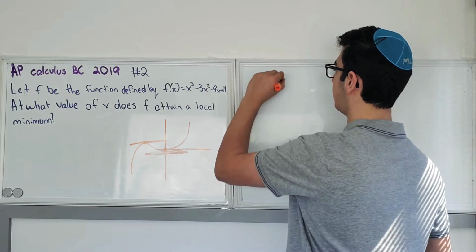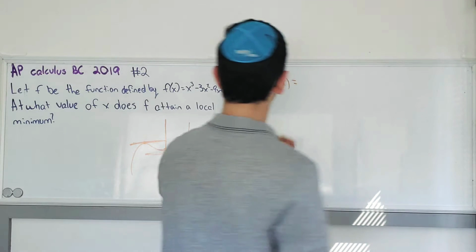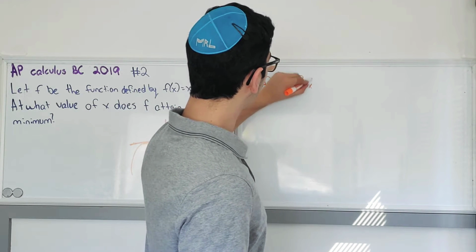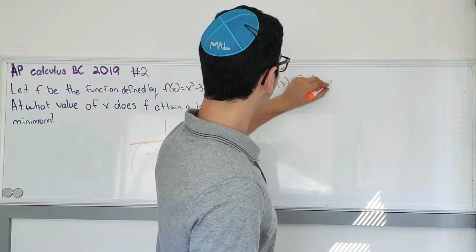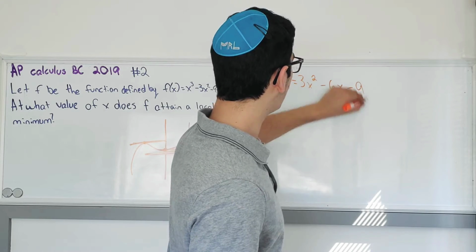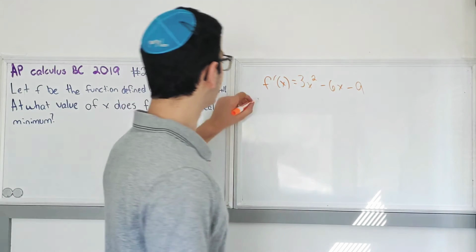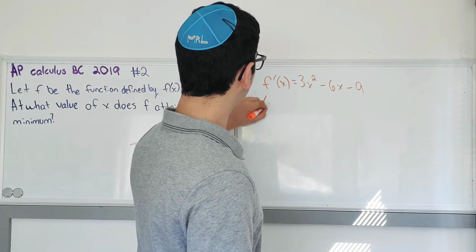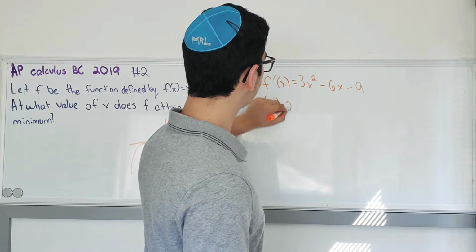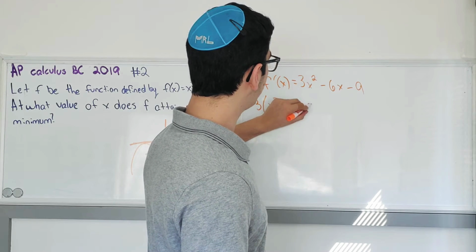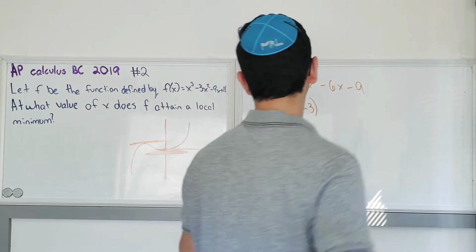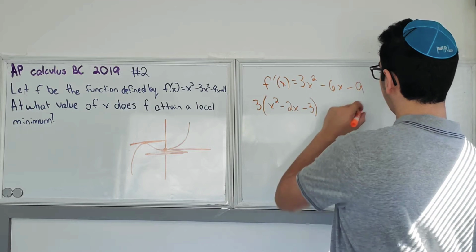So f prime of x, that's going to equal 3x squared minus 6x minus 9. And now I need to factor this and find its 0. So first I'm going to factor out a 3. Then I have x squared minus 2x minus 3. Now this can be factored.